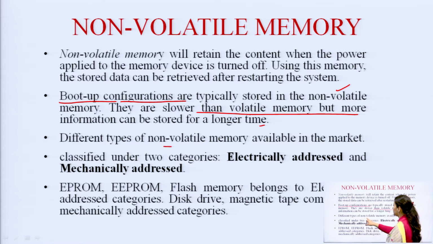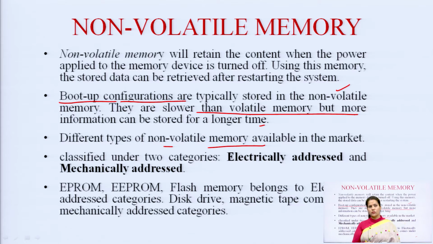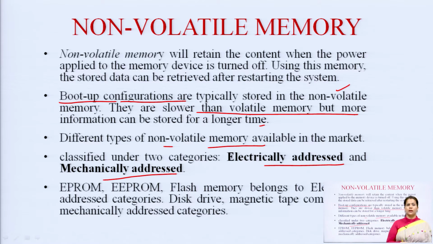Different types of non-volatile memory chips are available in the market, and we can make a selection from those. They are classified into categories, electrically erasable and mechanically erasable. When we manually erase the data through physical connections, it is mechanically erasable.